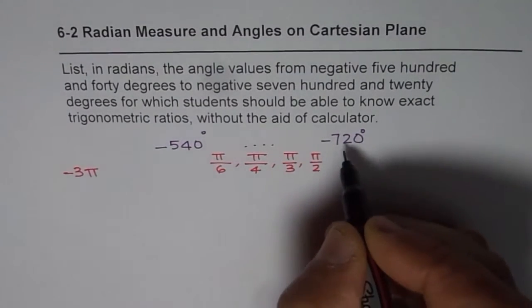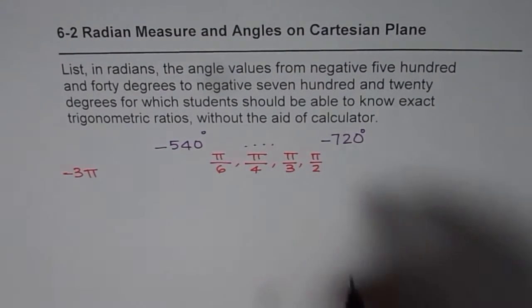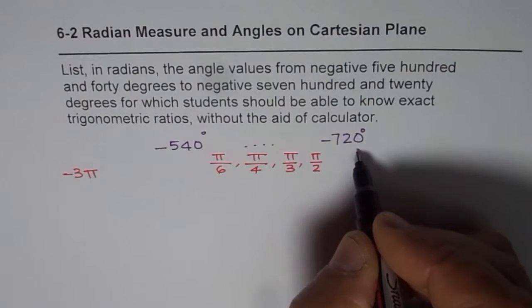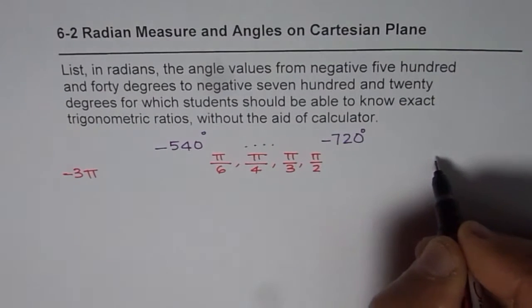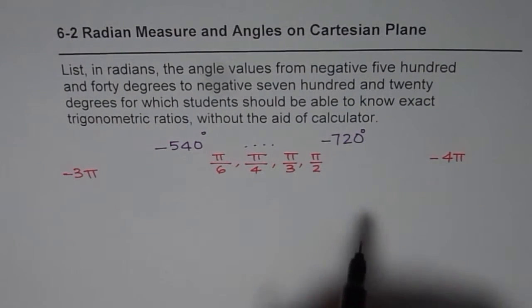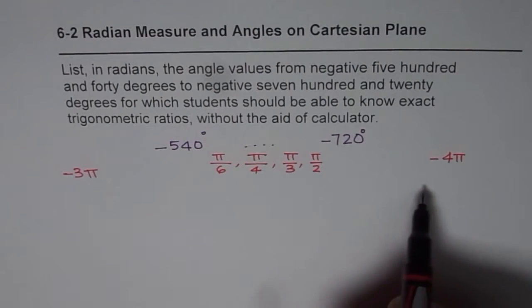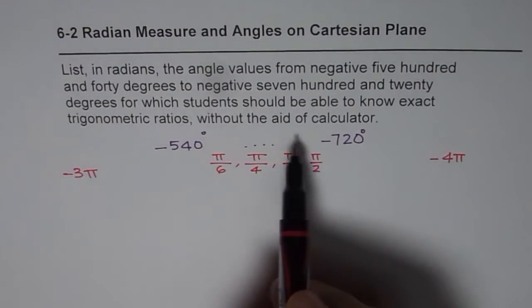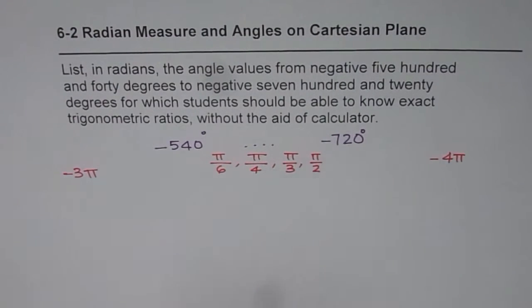Then 720, divided by 180 and multiplied by pi, gives minus 4 pi. So what we need is all the angles between minus 3 pi and minus 4 pi for which students can find trigonometric ratios without using a calculator.